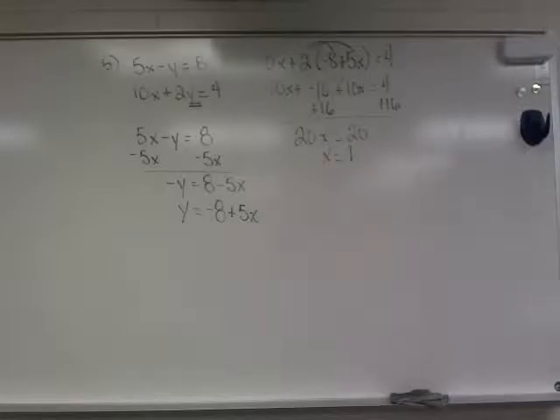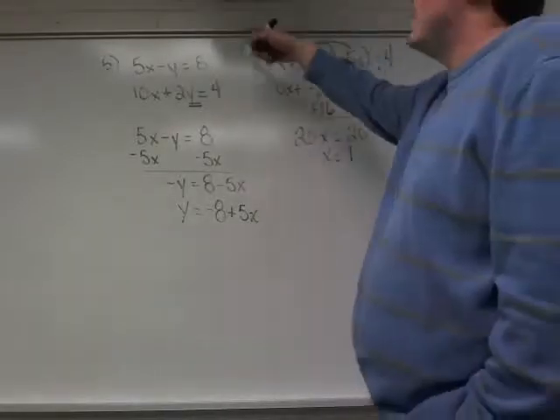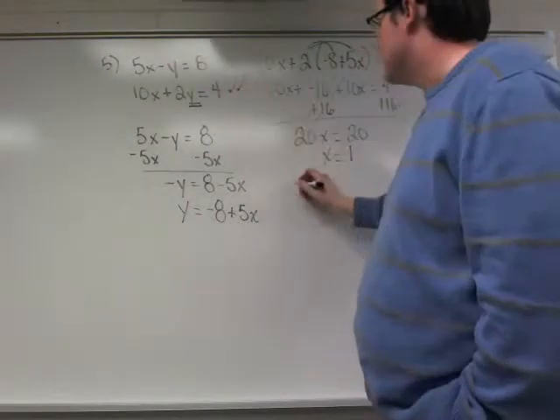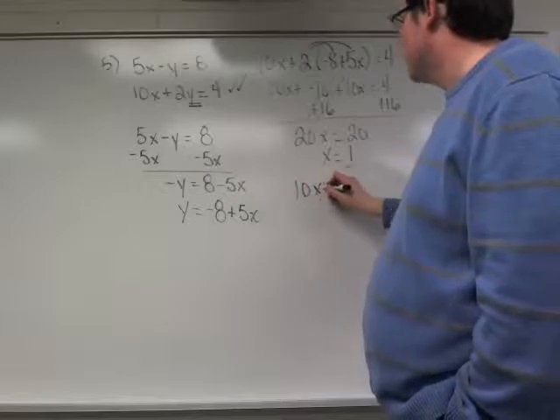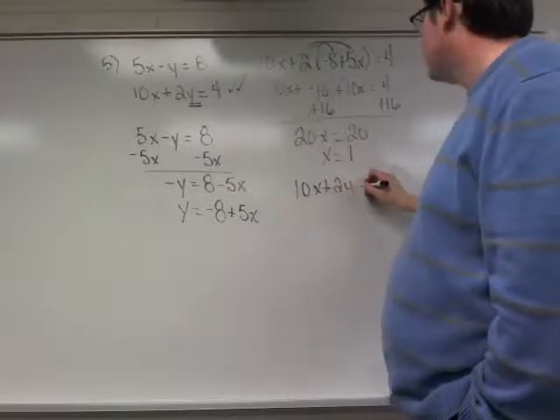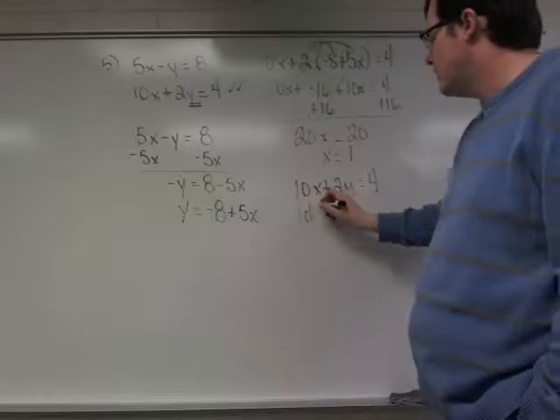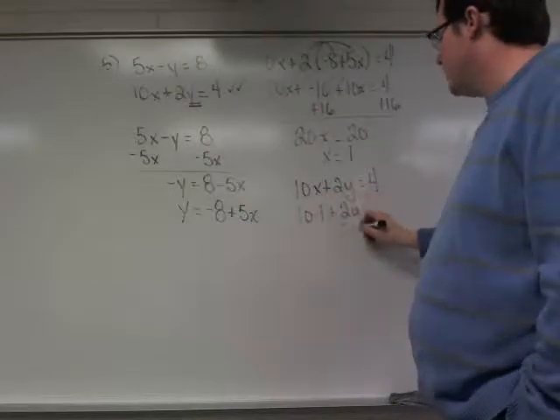Again, I'm going to repeat what I did earlier now. Change x into a 1, plug 1 in for x, and solve one of the equations. Again, you pick here. I'm going to pick this bottom one. So I'm going to take 10x plus 2y equals 4 and change x into a 1 and solve.